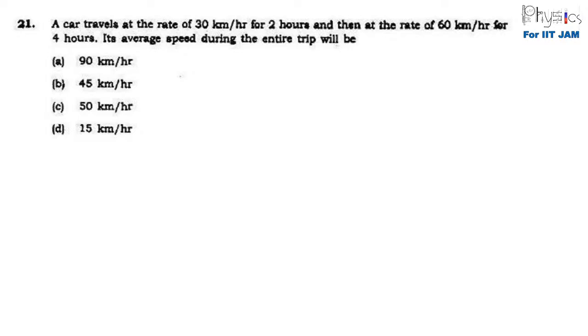Its average speed during the entire trip will be: option A, 90 km per hour; option B, 45 km per hour; option C, 50 km per hour; option D, 15 km per hour.